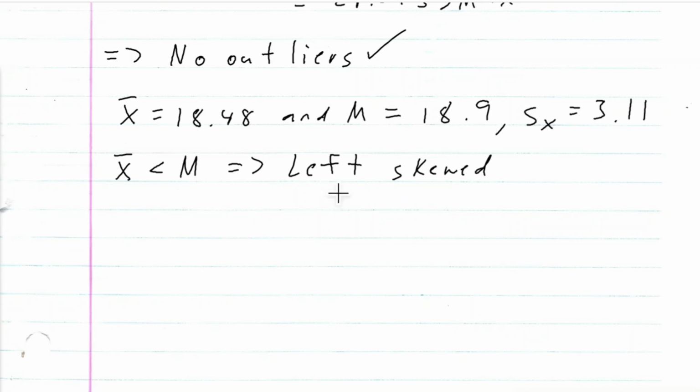A way we can do this is if the median is within half a standard deviation from X bar, then we're good to go. Then the skewness isn't so bad. Half a standard deviation away would be X bar minus 0.5 times the standard deviation of X, and X bar plus 0.5 times the standard deviation of X. So this is the interval half a standard deviation away from the mean.